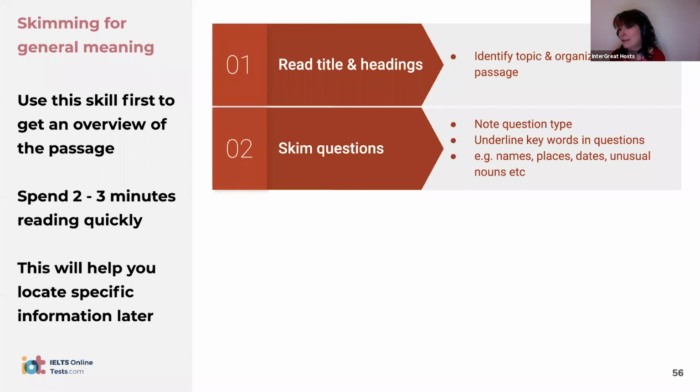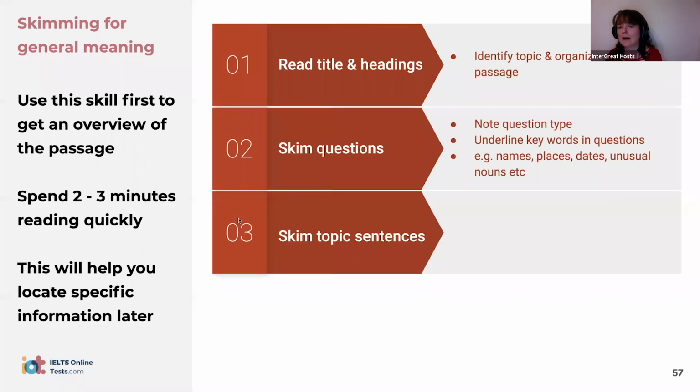Again, the questions will give you a good idea about what the topic and the idea of the passage is. You can also then start looking at keywords, and we'll have a look at that in more detail in a moment, okay? So always go to the questions first and then go to the passage afterwards, okay?